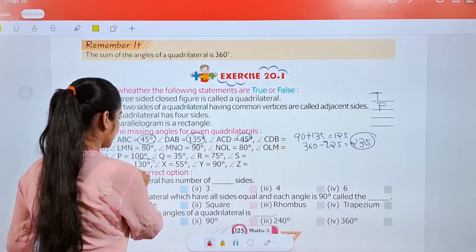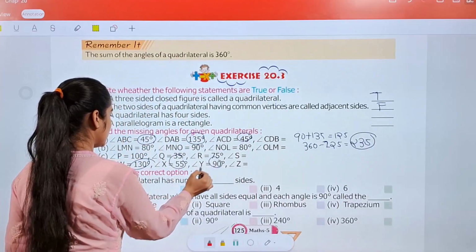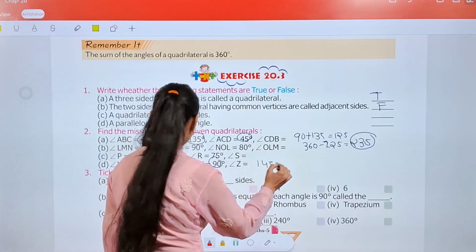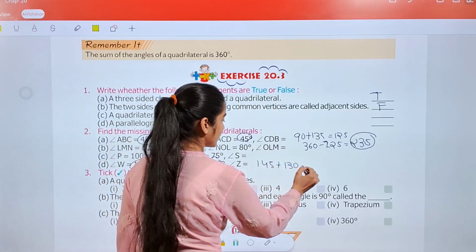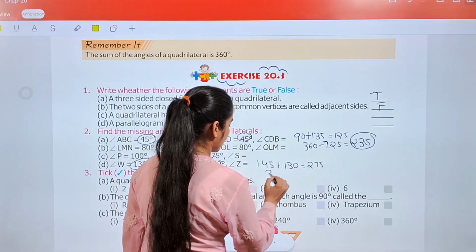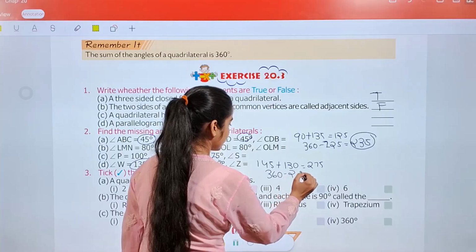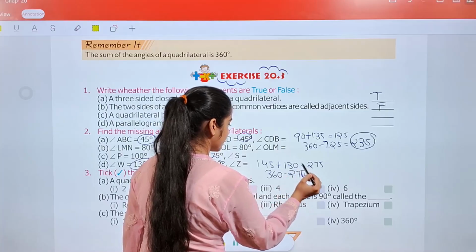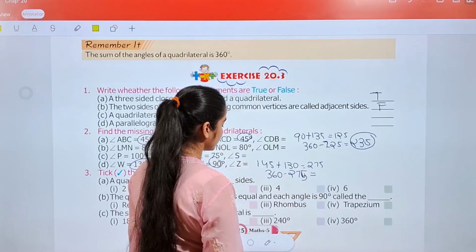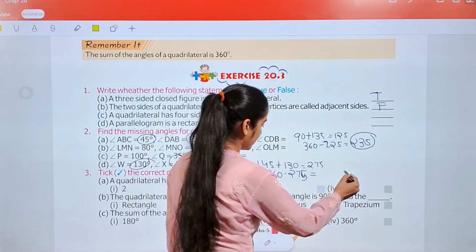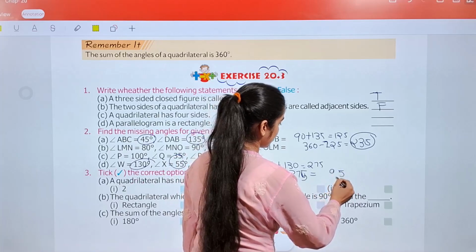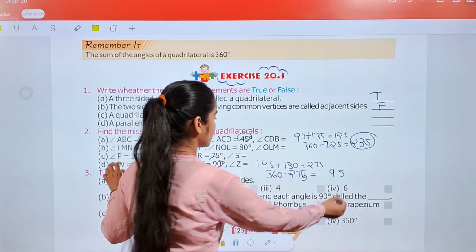Next 130, 55, 90, 90, 55, 145 plus 130, 275. Now you have to minus from 360.